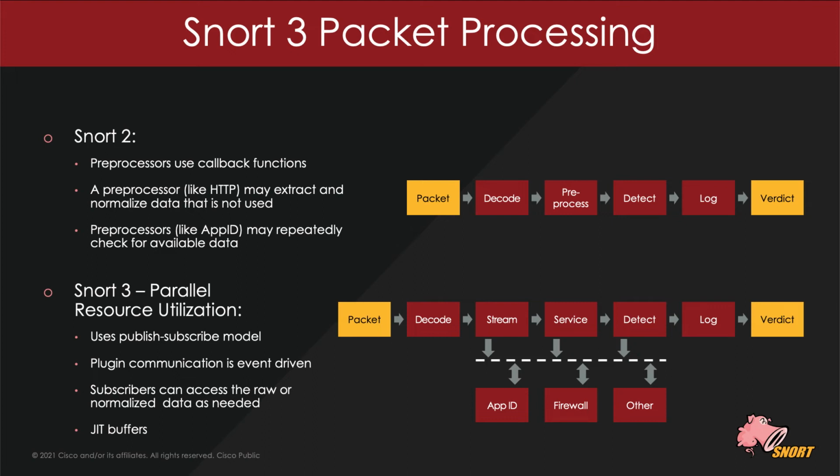So when the requester, the subscriber, needs a particular thing, the provider, the publisher, will provide it, but it only provides it at the time it's needed. So that's called just in case processing, or just in case buffers. So the buffers aren't populated until you need them. Just in time, I said just in case. Just in time processing, so it's just in time instead of just in case. So subscribers can access the raw or normalized data as needed.